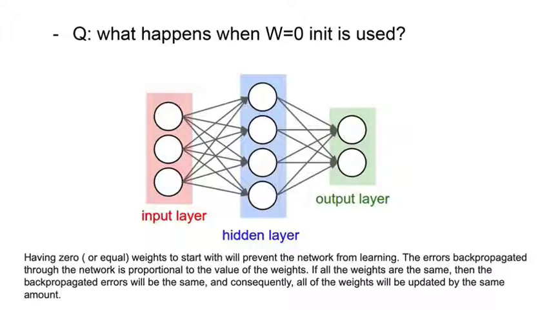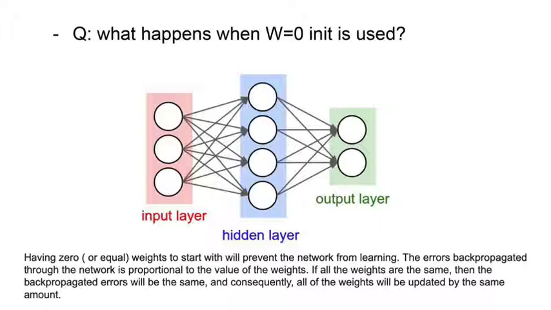Because remember, we saw this example where we have two neurons A and B, and the relationship between them was that B was some weight times A. And so when we had the error at the output B, we could calculate the error at the input A by simply multiplying that with the weight. But if the weight was 0, it will just kill this gradient information. So you will have no updates to your weights. That will happen if all the weights are 0.